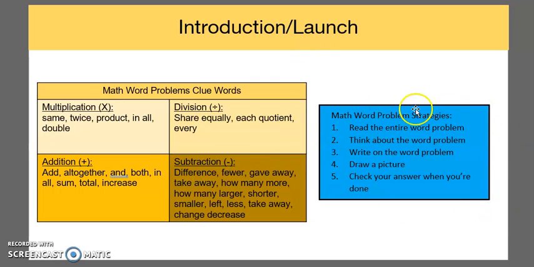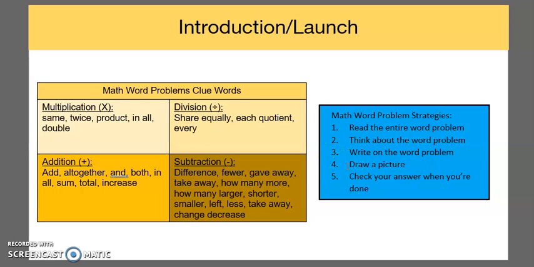Some other helpful hints: here are some math word problem strategies. When understanding a math word problem, the first thing we want to do is read the entire word problem. Then we want to think about the word problem, and write on the word problem, such as annotating, highlighting, and circling key information.